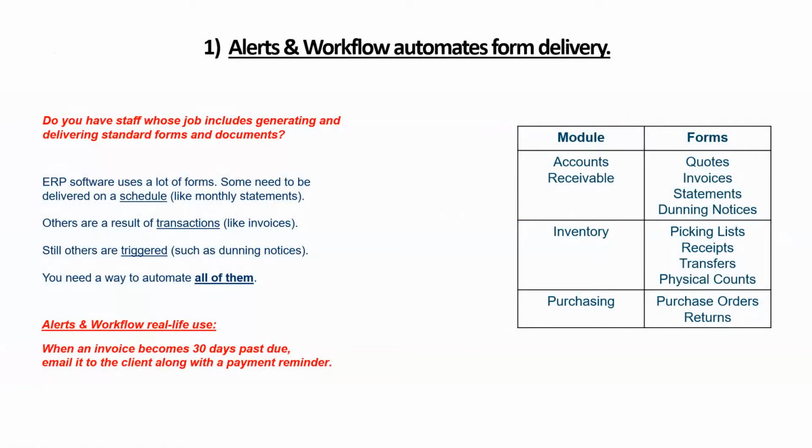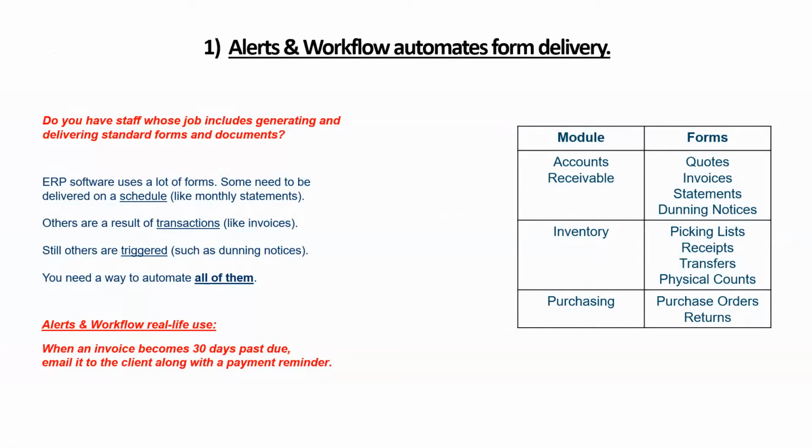So alerts and workflow automates that form delivery. Again, do you have somebody whose primary job is just generating repetitive forms? And is the information that's getting put into those forms something that you could just pull from the database and populate into a report or into an email body?